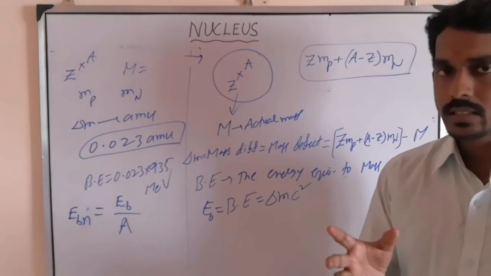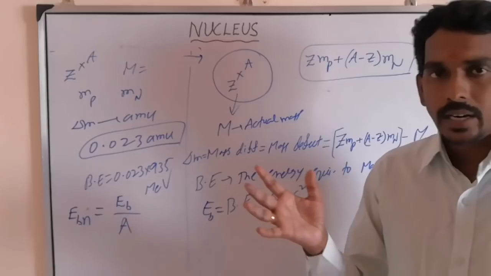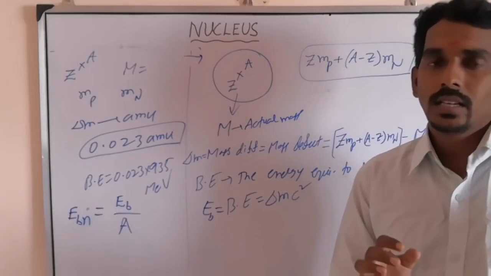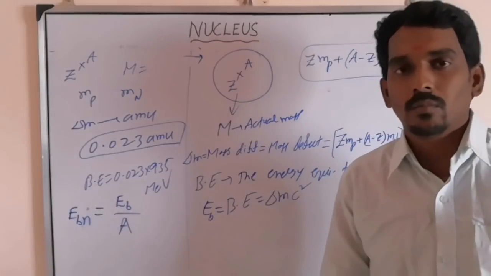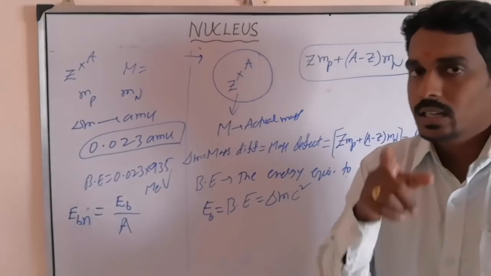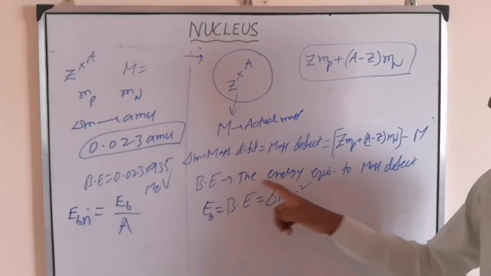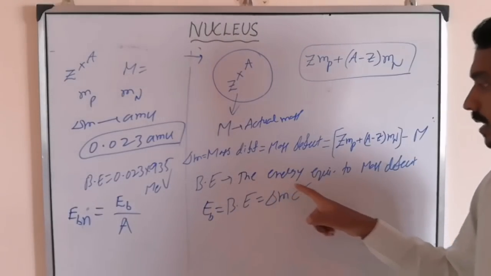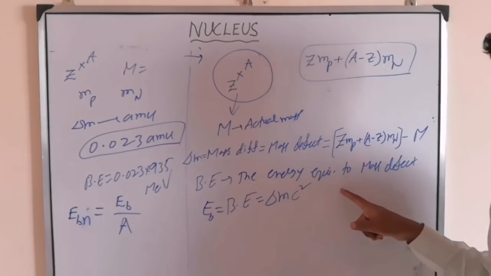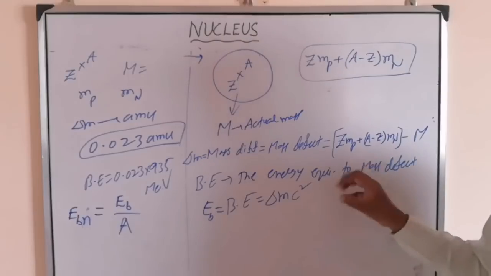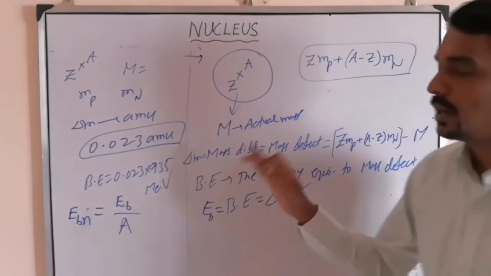Either the energy needed to bind them together or the energy needed to separate them, both are equal. That equivalent energy is called what? Binding energy. Otherwise, what am I telling? The energy equivalent to the mass defect of every nucleus. That energy is called what?